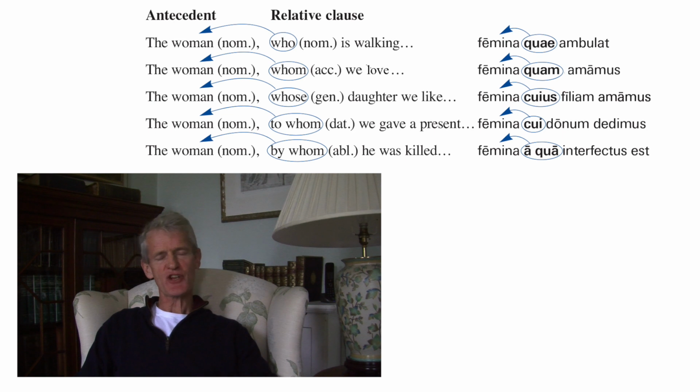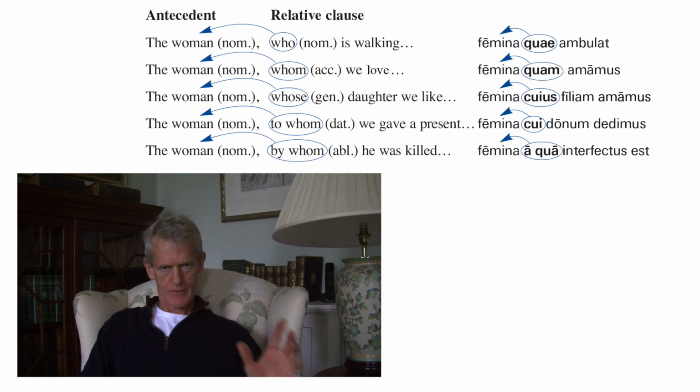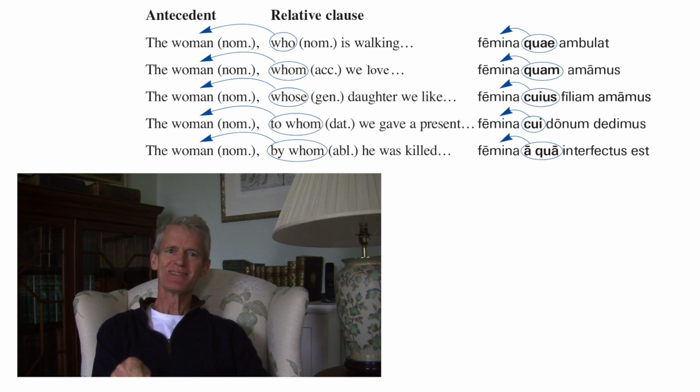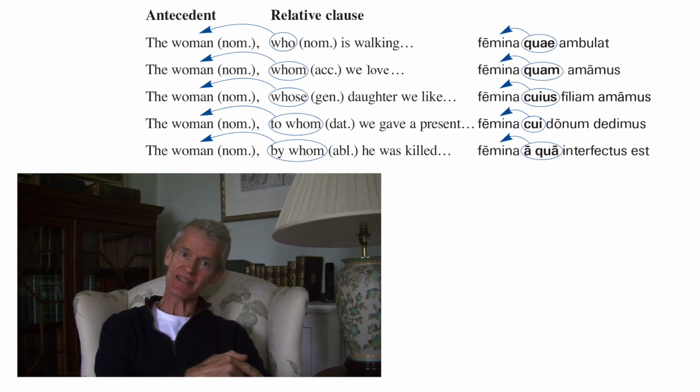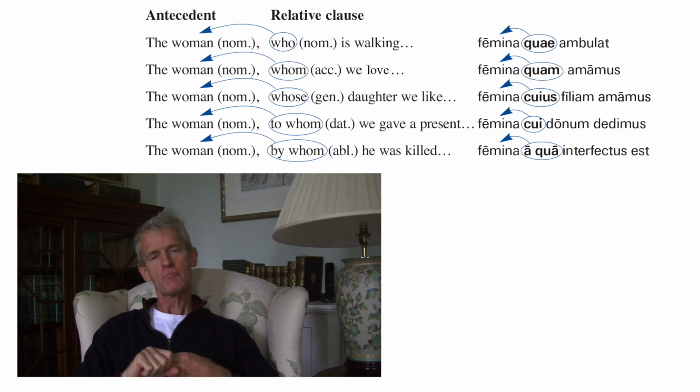And finally, let's show we can do it with an ablative, and surprise, surprise, our antecedent is going to be the same old thing. The woman by whom he was killed is happy. Okay, so femina, the woman. By whom, now, the relative pronoun, whom, referring back to the antecedent of the woman, so feminine and singular, but this time it's going in the ablative.